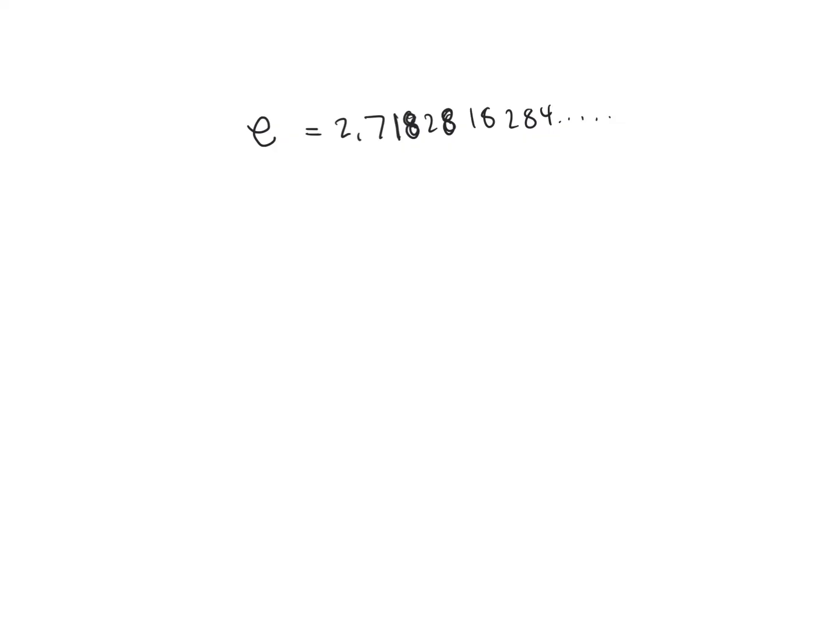It's a pretty cool number though, and it's what happens when you take this fraction, which you might recognize as the compound interest formula, and you let x go to infinity. If you take 1 plus 1 over 2, and then 1 plus 1 over 3, and so on, if you let x go to infinity, then you end up with e.